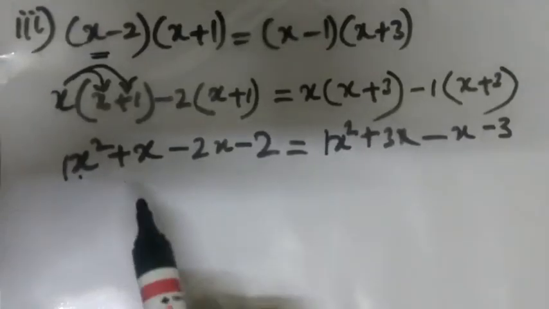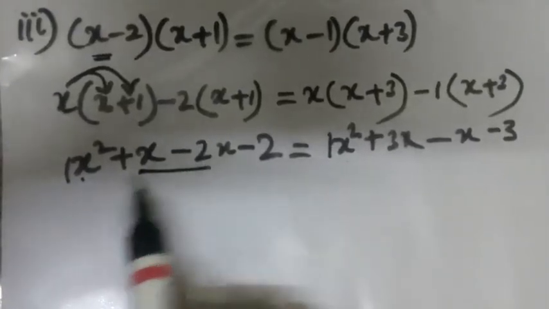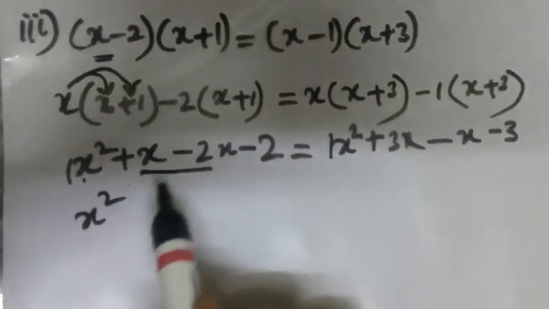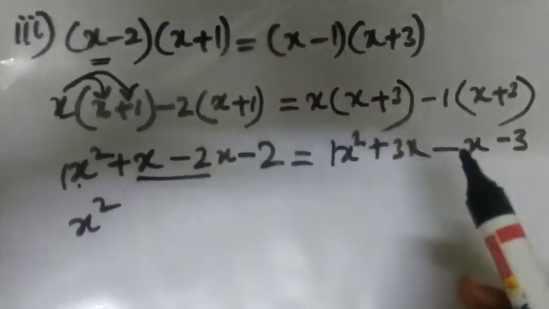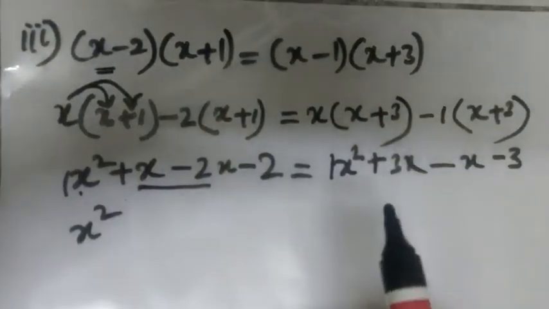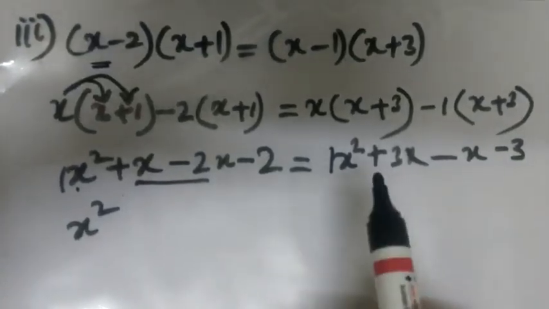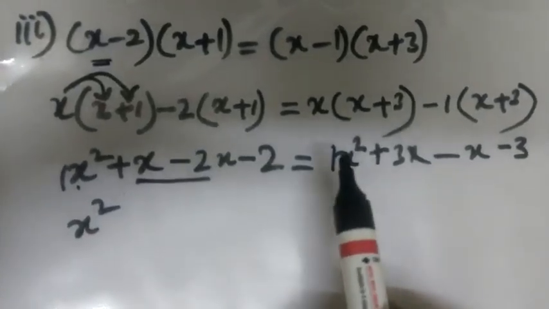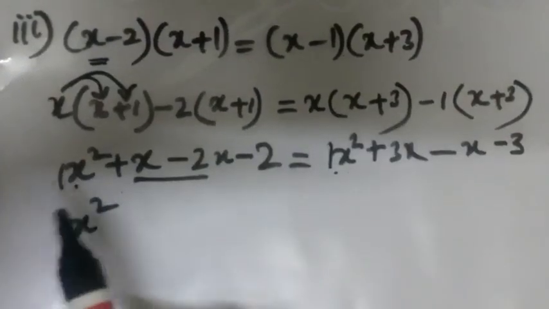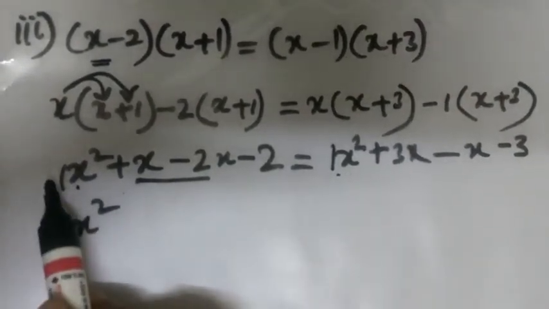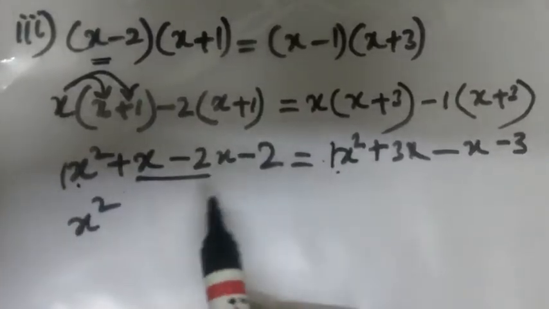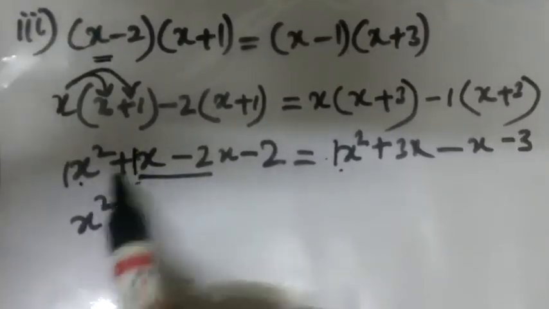So based on this, I am first collecting all the like terms, then I'll be taking the right hand side. Even you can take the left hand side. In both conditions you will get the same answer. Why will you get the same answer? Because here the x squares have the same coefficient, and even the signs are the same. It is plus 1 and this is also plus 1. There is no coefficient, which means 1.